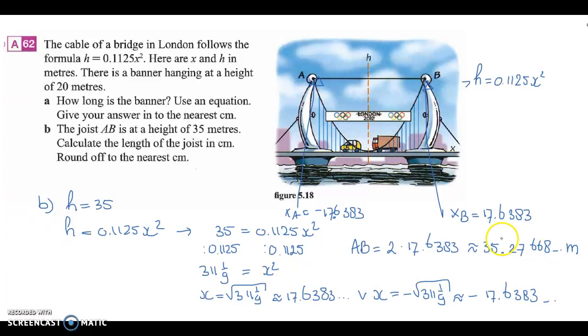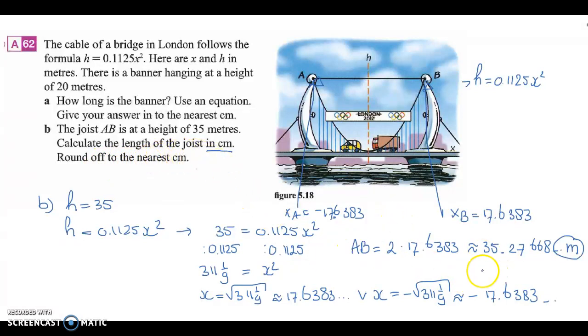This is quite important, because here they say calculate the length of the joist in centimeters. That means we have to convert this to centimeters. Take notice that in A they did not ask that. They only said to give your answer to the nearest centimeter, and we did that. Over here, they're asking to give it in centimeters and then round off to the nearest centimeter.